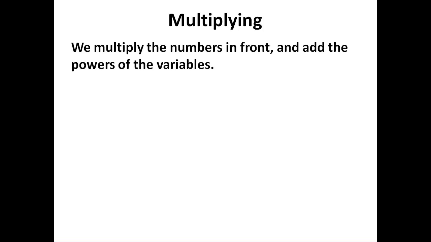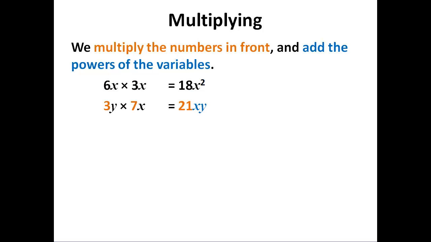Multiplying, we multiply the numbers in front, and then we add the powers of the variables. 3 6s are 18, and we have 1x and 1x is 2x's. 3 7s are 21, we have 1x and 1y. 3 4s are 12, and we have 1, 2, 3 plus 2 is 5 x's.